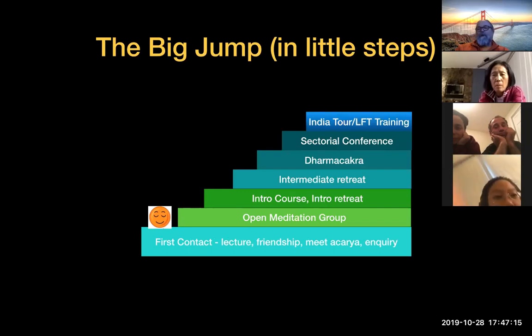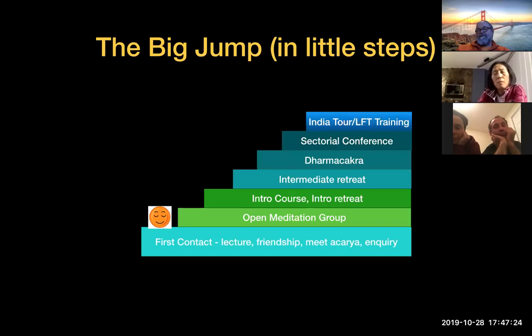And here's one way to do that. There are many ways to do this, but this is the model that I'm using for this purpose. People come in contact with Ananda Marga or Path of Bliss in one way or another. The idea of this meditation group that we're learning to run is that this is the next step. We want to make it easy and welcoming, and if they get inspired, they can come to the next step.